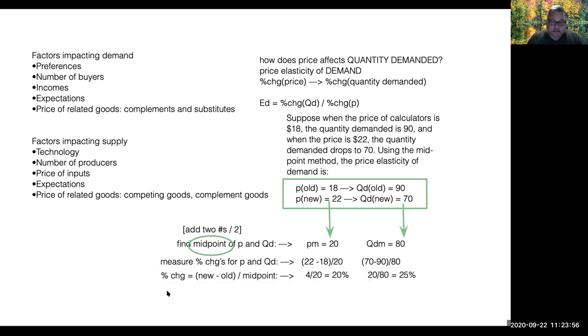And then the elasticity of demand is the ratio of the percentage change in quantity demanded divided by the percentage change in the own price of the good.